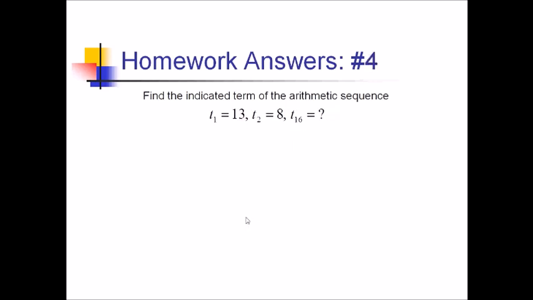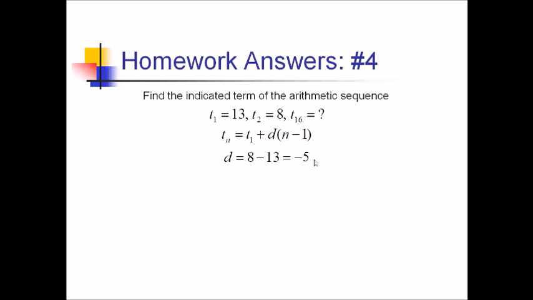For number 4, we're given the first two terms, and we want the 16th term of an arithmetic sequence. We'll start by using our formula T1 plus D times n minus 1, because they gave me T1, so this is probably a good one to use. So we have a T1 value of 13, an n value of 16 for the 16th term. For D, we need to do 8 minus 13, which gives us a common difference of negative 5.